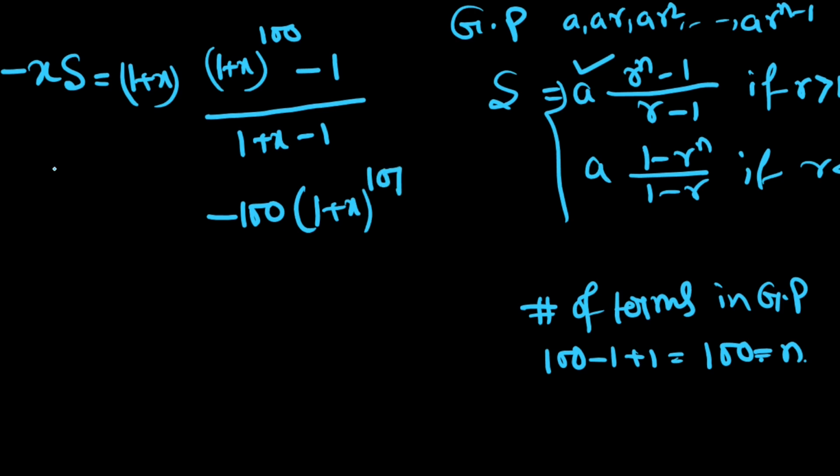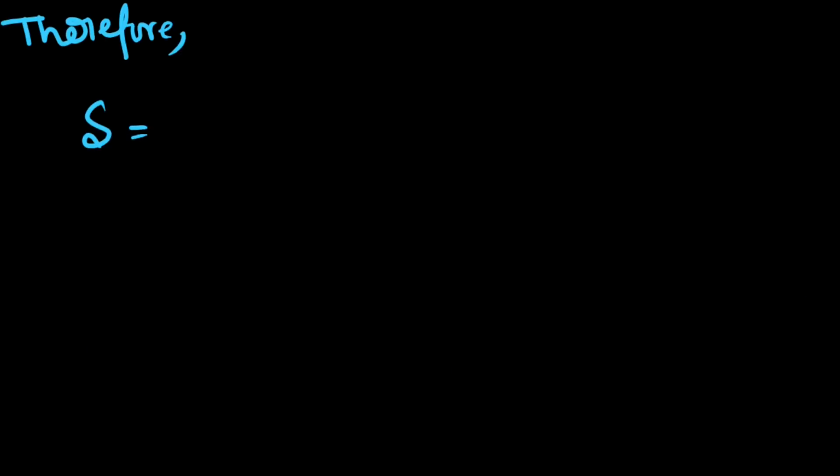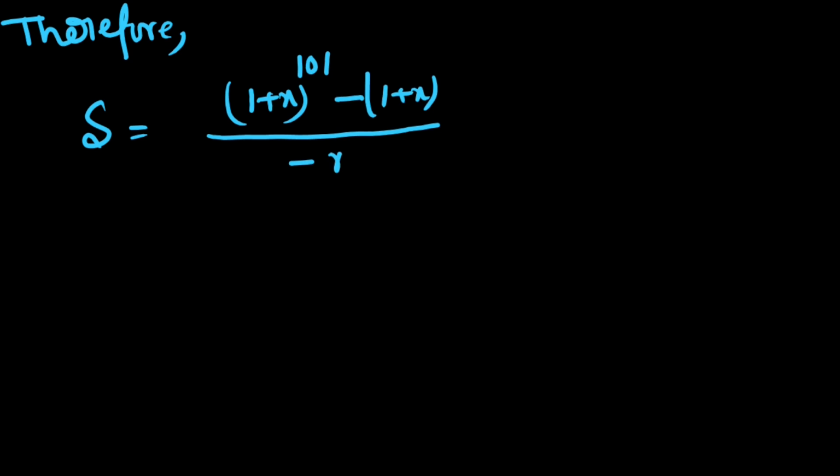Now we simplify this expression. It is (1 plus x) over x times ((1 plus x) power 100 minus 1), where 1 plus x minus 1 cancels. Now the rest is x and minus 100 (1 plus x) power 101. Therefore s is equal to ((1 plus x) power 101 minus (1 plus x)) over x, minus 100 (1 plus x) power 101, all over x.